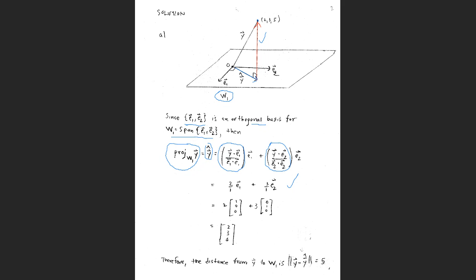You'll get the projection of vector y onto subspace W1 is equal to 2 times E1 plus 3 times E2, which is 230. Okay, give you a moment to catch up here.